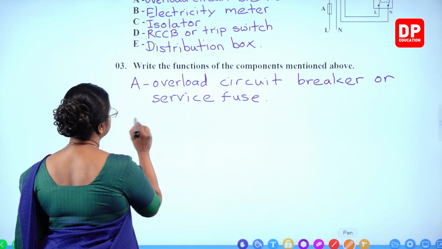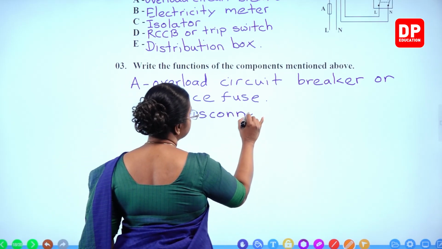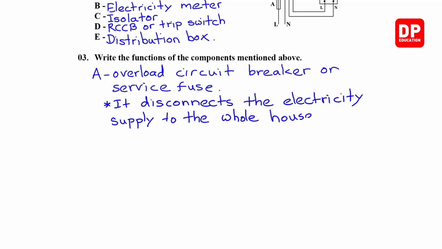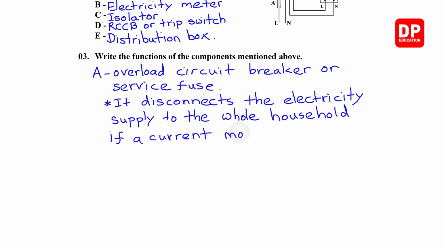You can say it disconnects the electricity supply to the whole household if a current more than 40 amperes flows through it.